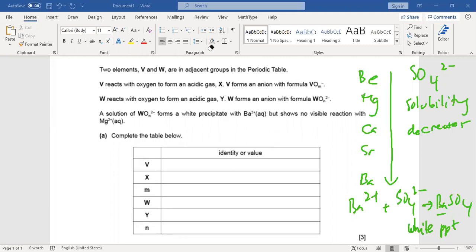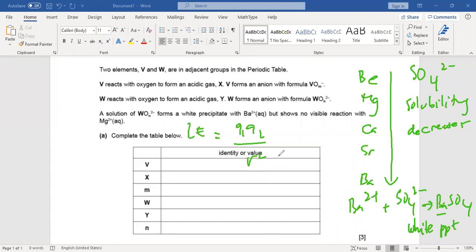If the value of delta H solution is positive, or endothermic, the ionic compound will be less soluble, or it may even give you a precipitate. Lattice energy is proportional to Q1 times Q2 divided by r squared, so if you go down the group, the lattice energy becomes more endo, sorry, exo.